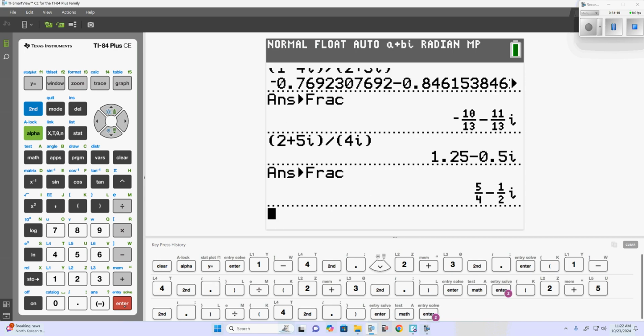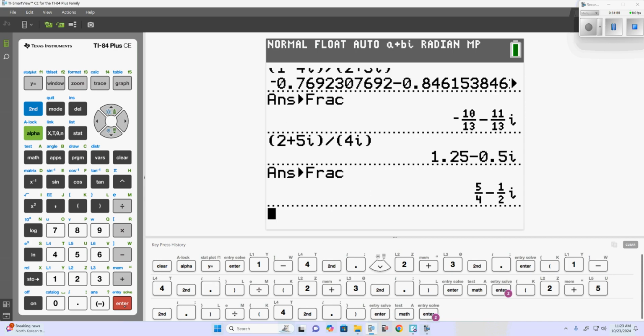Negative 4, 16. What is 8 over 16? Because 8 and 16 have a greatest common factor of 8. So you would divide by 8. This has a common factor of 4. And we can say 5/4 minus 1/2. I just didn't simplify it all the way. But it is the same thing.